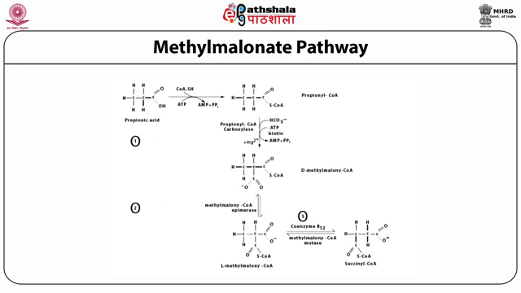In this pathway, the pathway starts with propionic acid and gets converted in its first reaction to propionyl-CoA, which utilizes coenzyme A and ATP.